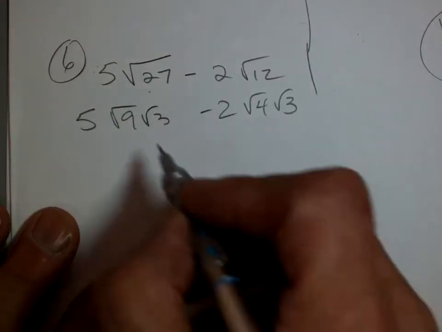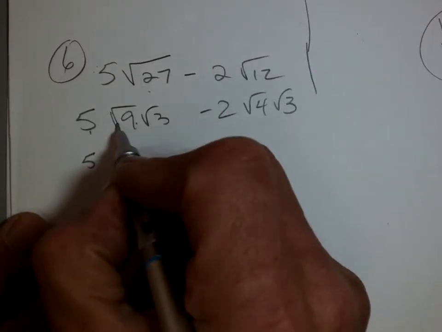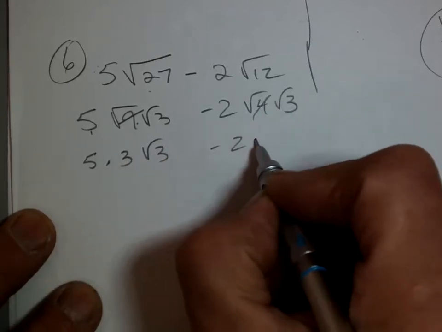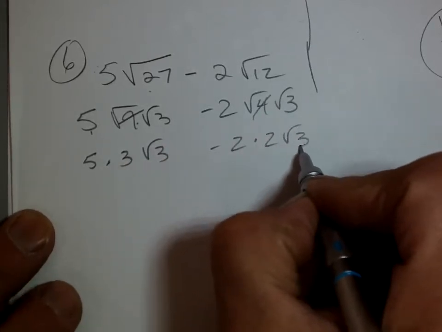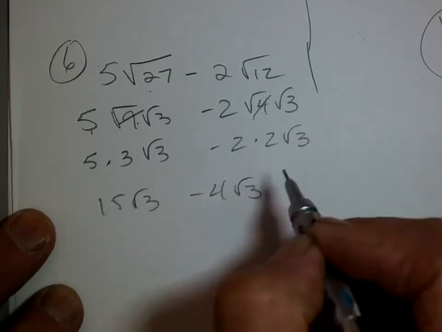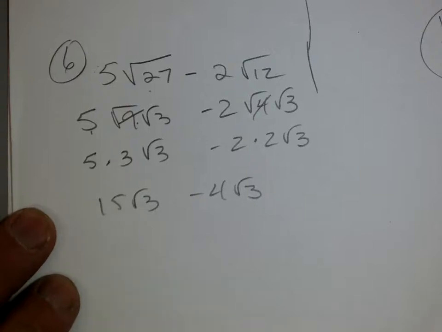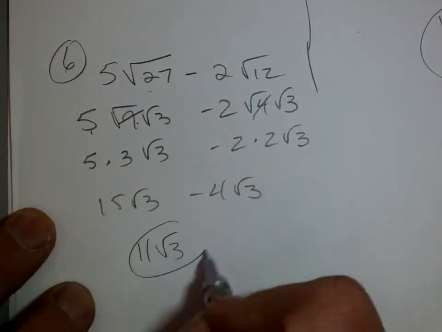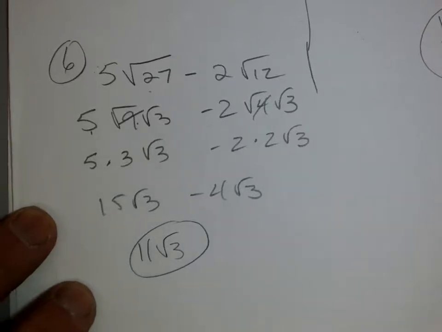Thanks, Hannah. So, now, square root of 9 is 3. Square root of 4 is 2. Let's see what we got. 15 square root of 3 minus 4 square root of 3. Can we subtract them now? Yeah. So let's subtract them. 11 square root of 3. Not square root of 6. There are no square roots of 6 up there.